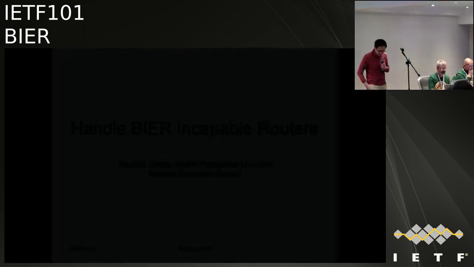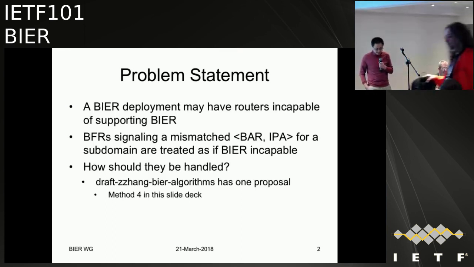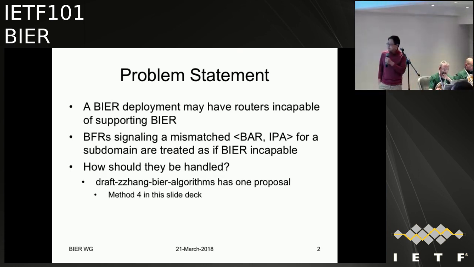So, handle BIER incapable routers. Next slide. We talked in the previous presentation about how BFR signaling with mismatched BAR IPA values will be treated as BIER incapable.